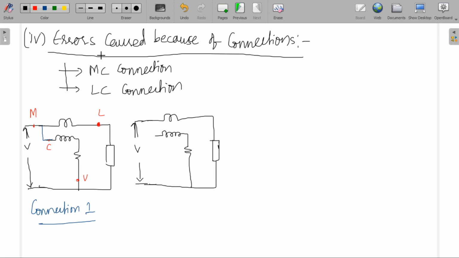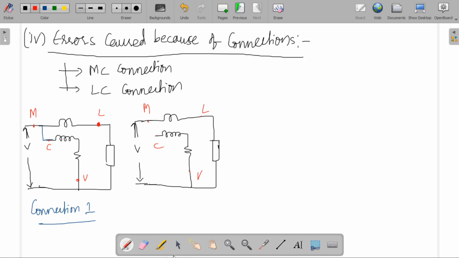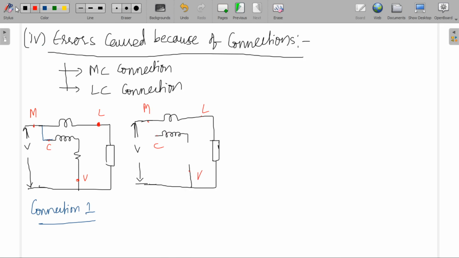Now let me indicate terminals: this is M, L, C, V. This is connection 2.